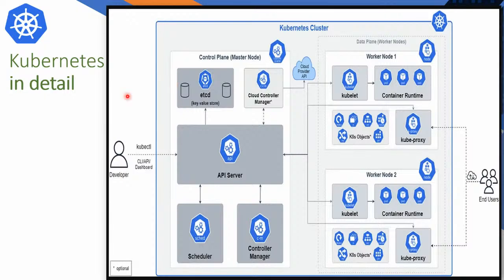They provide you an interface to work with their services: GKE, Google Kubernetes Engine, or Azure Kubernetes Service, AKS, and for Amazon it is called EKS, which is Elastic Kubernetes Service.